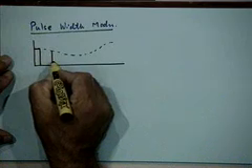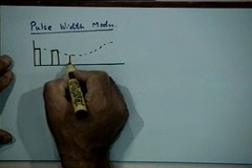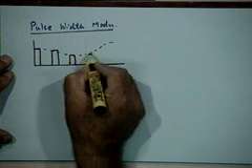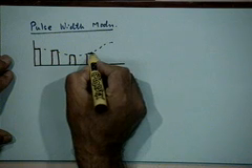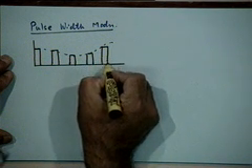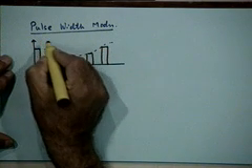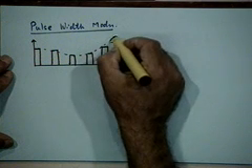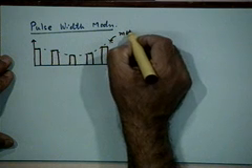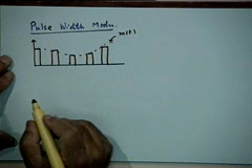So, you first generate a pulse amplitude modulated signal in the same way as we discussed earlier. That is the first step. This is the message signal m(t), and this is a PAM signal corresponding to this message signal.